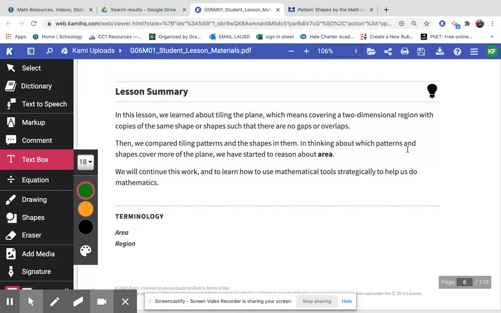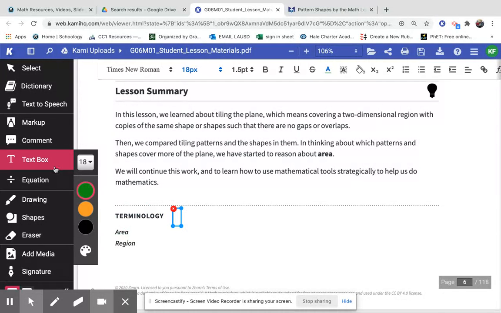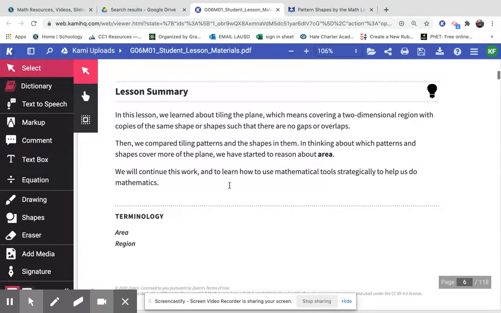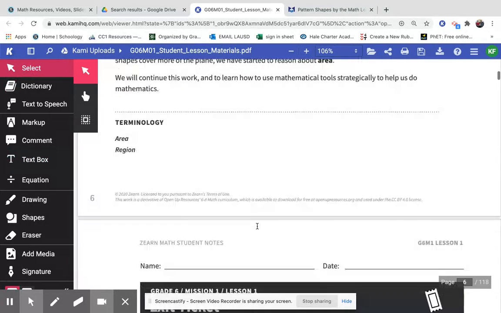In thinking about which patterns and shapes cover more of the plane, we have started to reason about area. We will continue this work and learn how to use mathematical tools strategically to help us do mathematics. Terminology, which is also a synonym for vocabulary, math vocabulary: area, region.